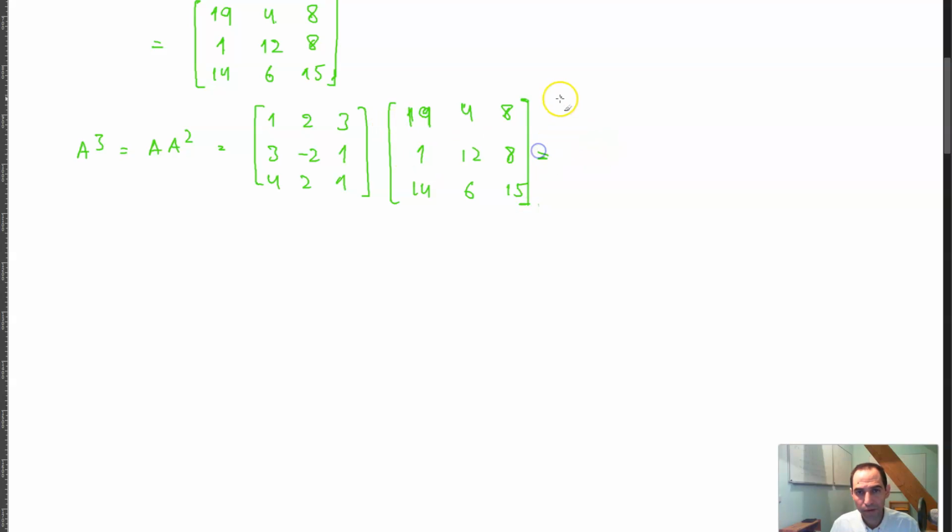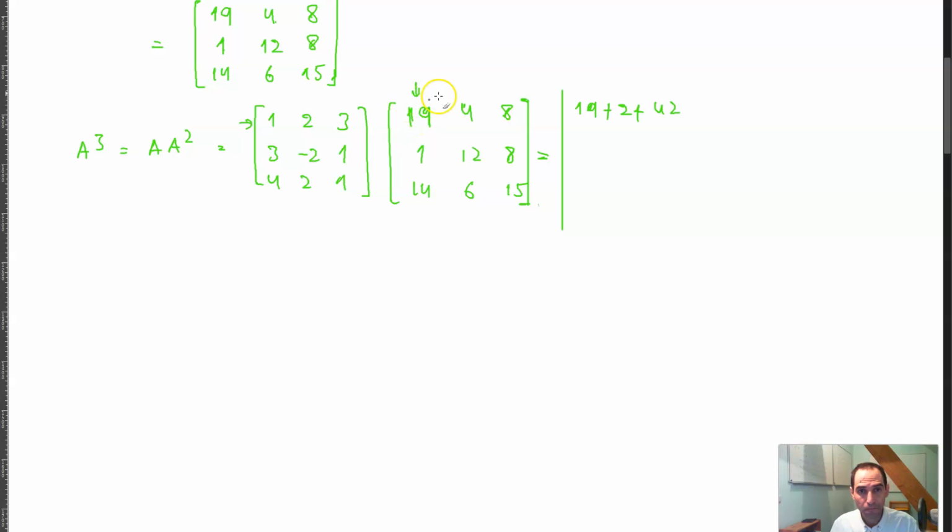Okay, so here and here you have 19 plus 2 plus 3 times 14, where 3 times 14 is equal to, 3 times 10 is equal to 30, 3 times 4 is equal to 12, 42.